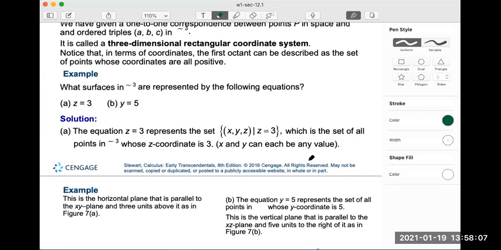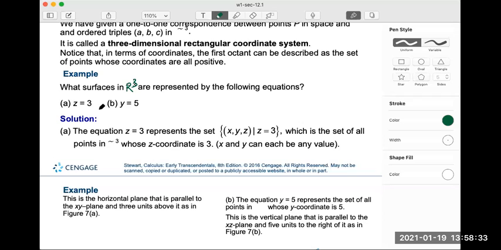Okay. The surfaces in R3. So now, suppose we are looking for the surface z equal to 3. The surface is the collection of the points here which have the z coordinate equal to 3.